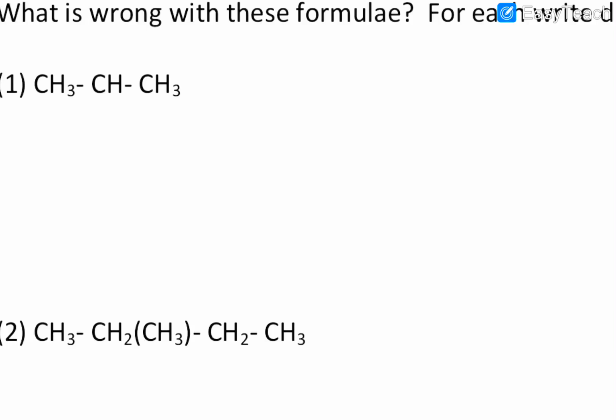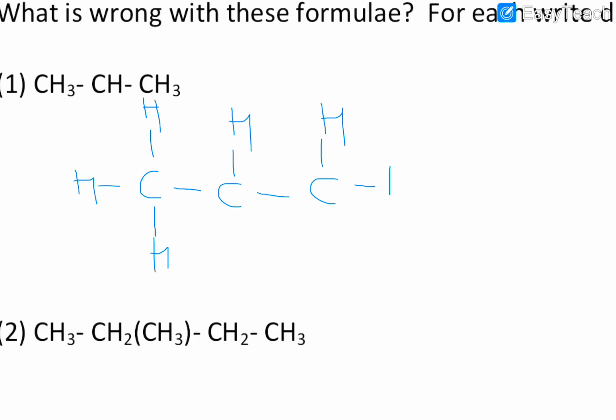So let's draw that. CH3, CH, CH3. So I'm drawing it. I'm just following the structure. So if you look at this carbon here, carbon is forming 1, 2, 3, 4. Good. Carbon here is forming 1, 2, 3. So that's wrong. It's forming just 3 bonds.